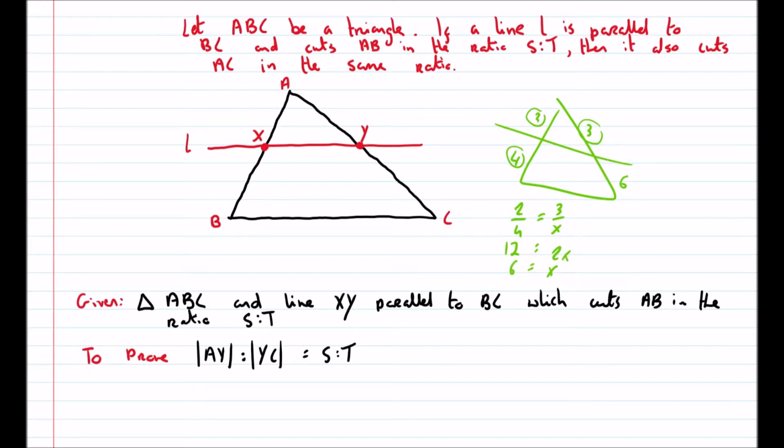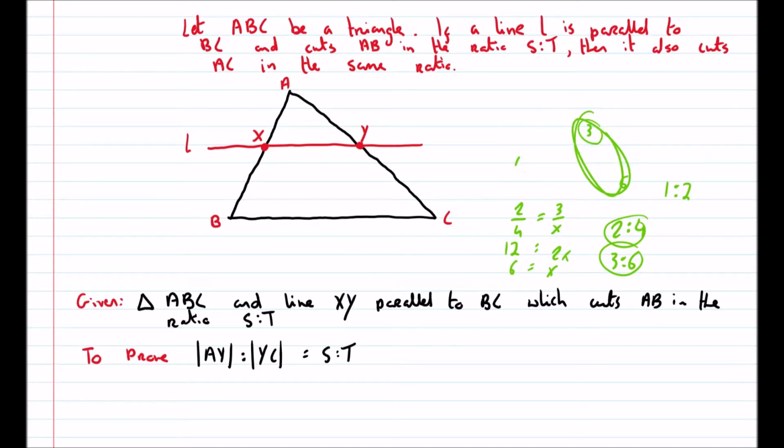But the ratio really is 2 is to 4, or 3 is to 6, but these are actually the same ratios because one is twice the other, so the ratio is actually 1 is to 2. Okay, so the ratio works for both, same ratios.